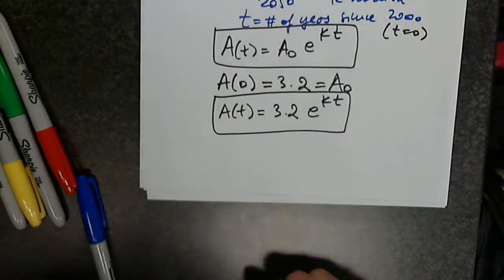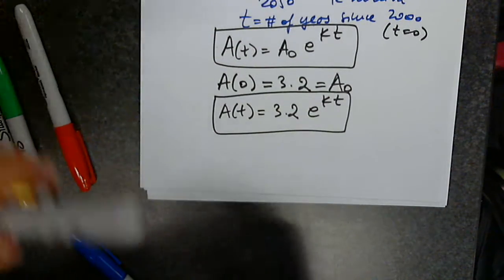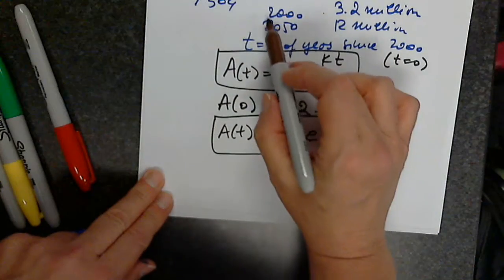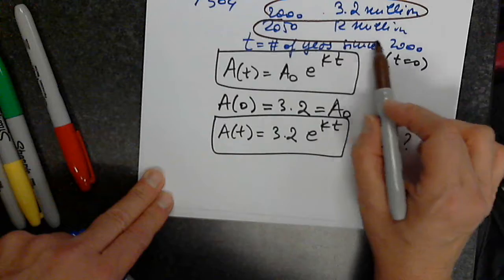Now I'm still missing one piece of the puzzle. Which piece? k. So I used this already. Now it's time to look at this.